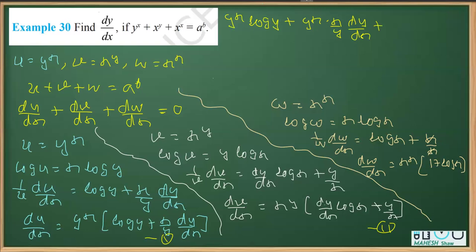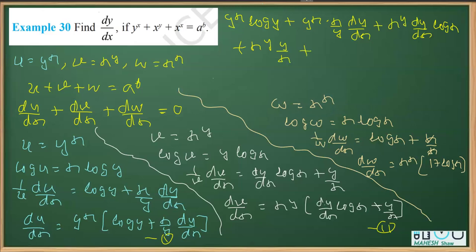This is u. And now I'm replacing dv by dx here, which is from equation 2. If I open the bracket simultaneously, it's going to be x raised to the power y times dy by dx times log x plus this into this, which is x raised to the power y over x.